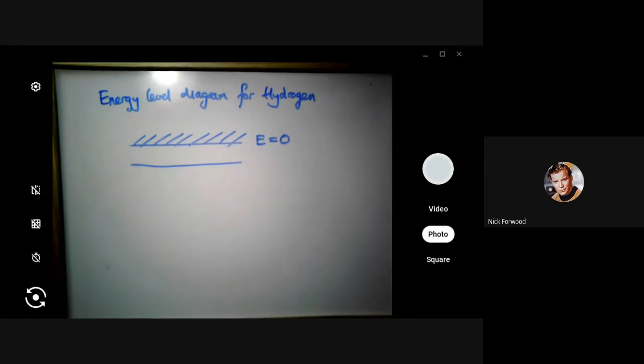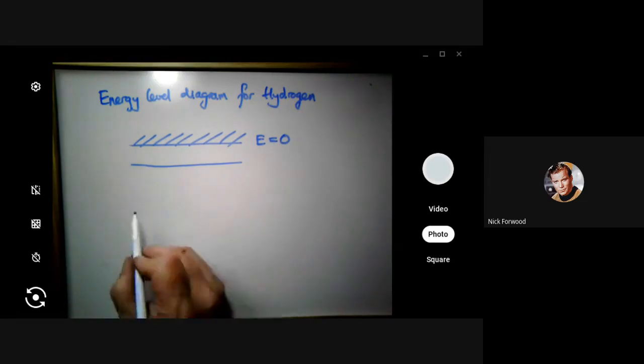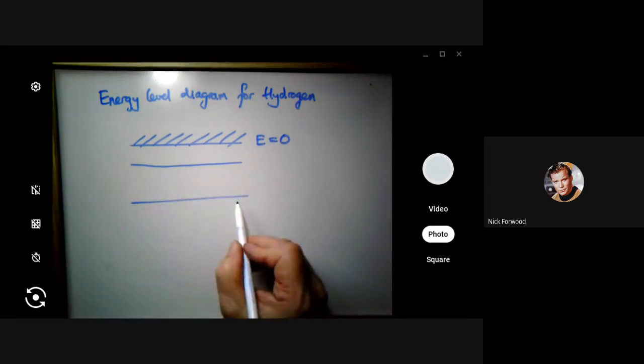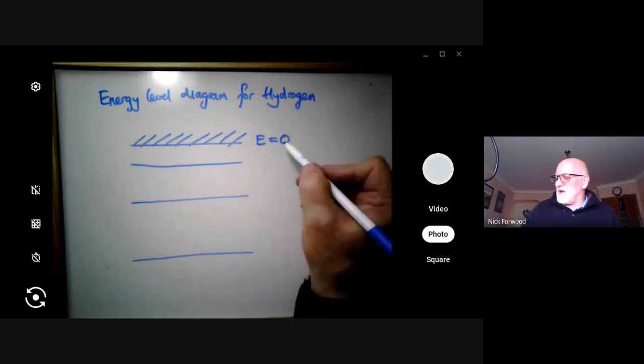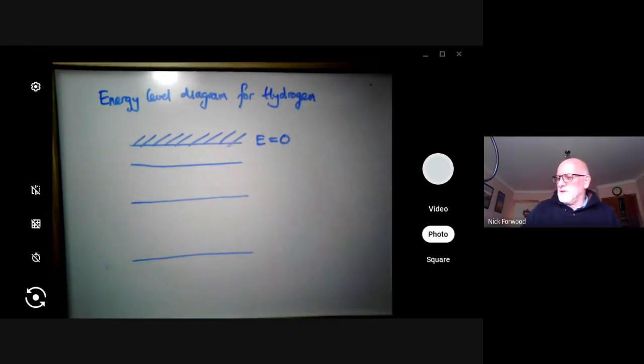I'm going to have another level here. How many have I got? I've got a level that's right down here. This is how much energy an electron has when it's here.